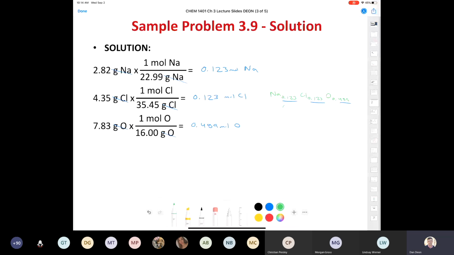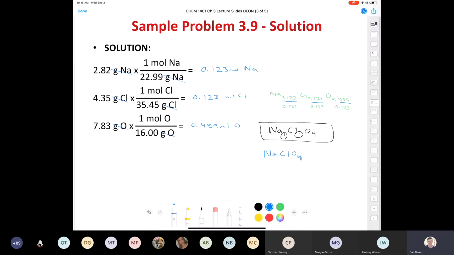And if you take your calculator and you take 0.489 and you divide it by 0.123, you end up with 3.97, which is pretty close to 4. And so I end up with oxygen 4. They might not work out to be exactly whole, but that's close enough. Now we leave out the subscript 1 in a formula. And so the empirical formula is NaClO4.